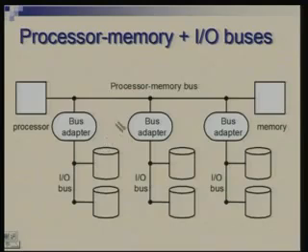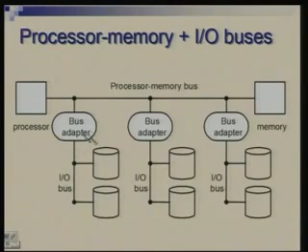Also notice that although the processor memory bus and backplane bus would typically be one in a system, I/O buses could be multiple. This I/O bus takes care of these devices, this takes care of these devices, and so on, and these I/O buses are further connected to the processor memory bus through some adapters or interfaces.